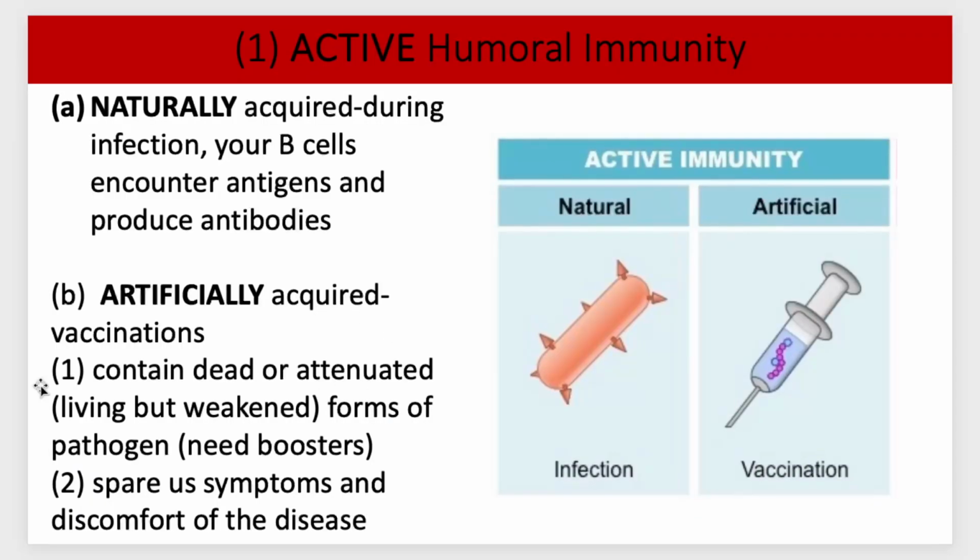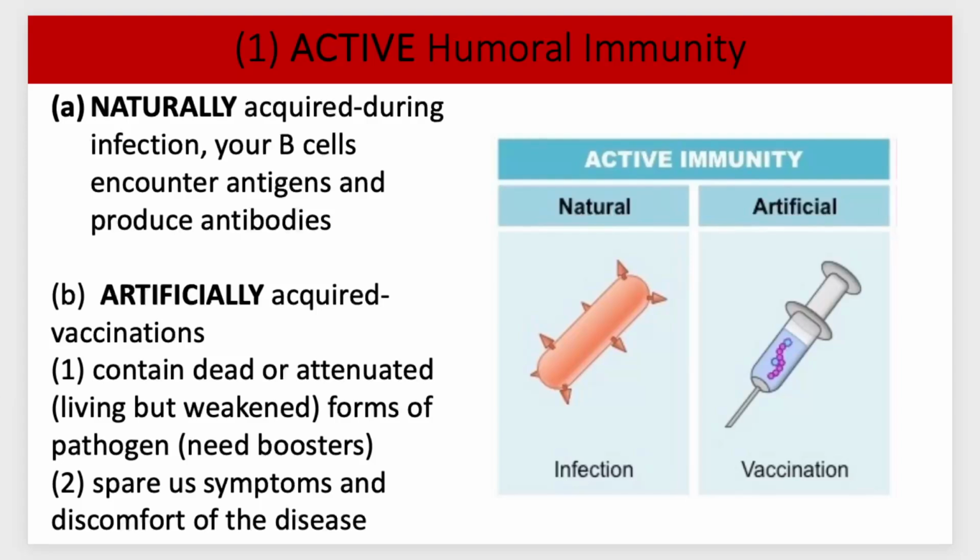So to go into the details, for the active humoral immunity, for natural, your B cells are making these antibodies because you were actually infected with an actual natural exposure to the pathogen. And then artificially acquired would be they gave you something that was weakened, but you still made your own antibodies.